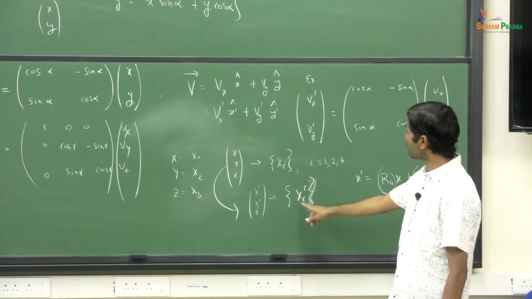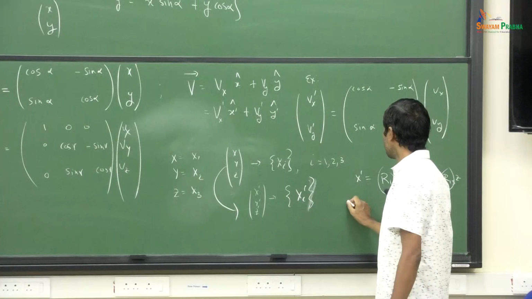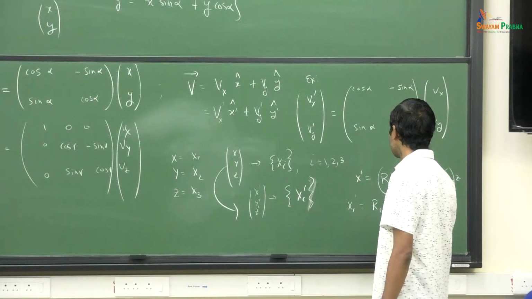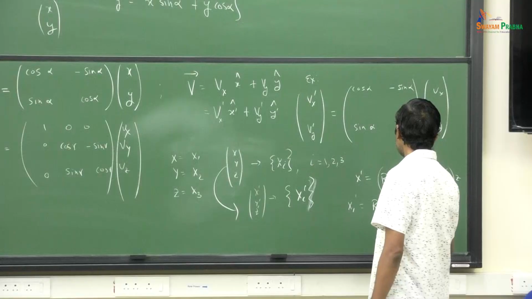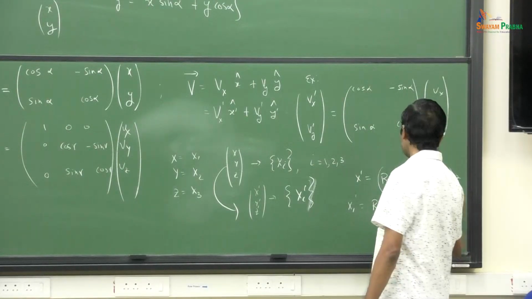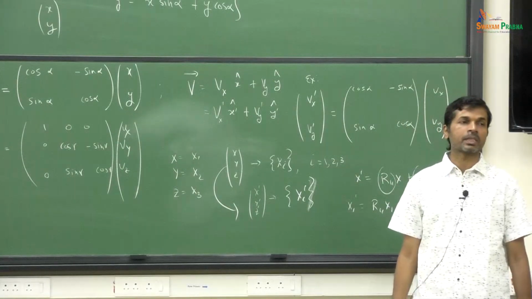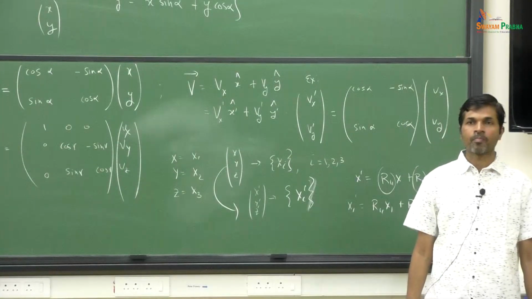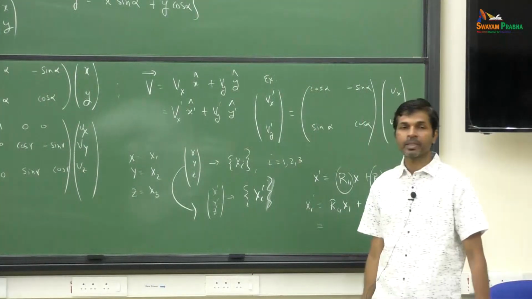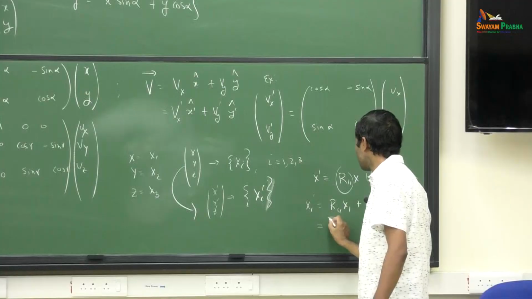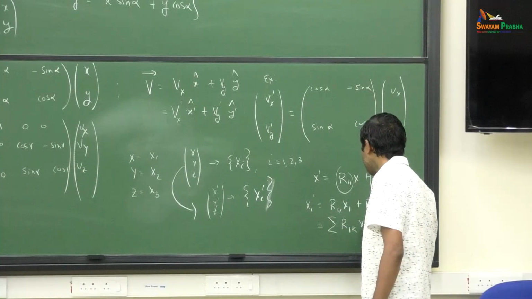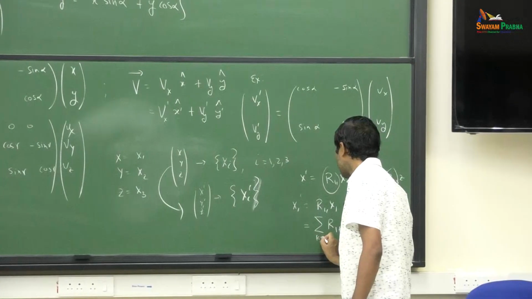Or if I use this index notation, x1 prime is r11 x1 plus r12 x2 plus r13 x3. Now you see why I have introduced this index notation, because now it is very straightforward to write it as the sum over k of r1k xk, where k is summed from 1 to 3.